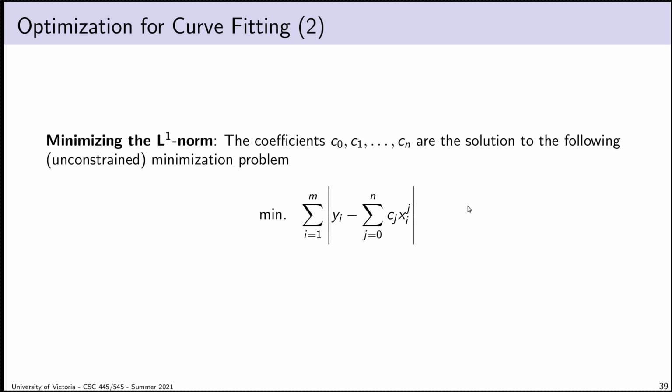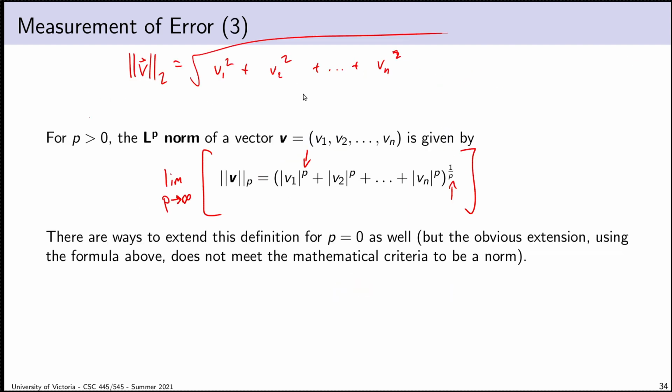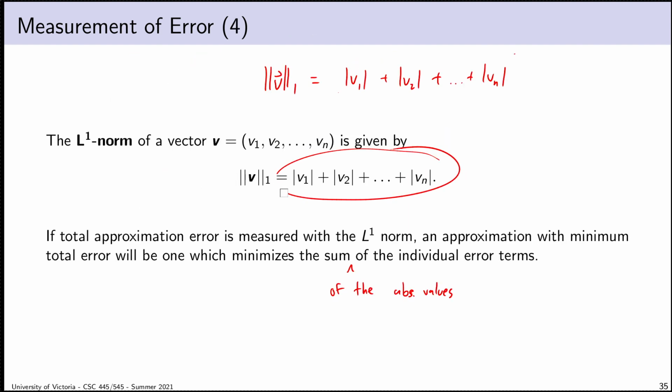So what do I do? Well, if I want to minimize the L1 norm, I can try and map this out from scratch. If we know what the L1 norm actually is, the L1 norm would be this. I want to minimize the sum of the individual error terms.